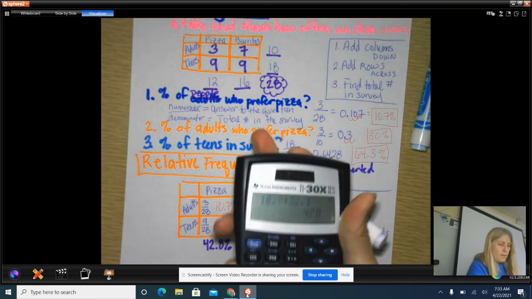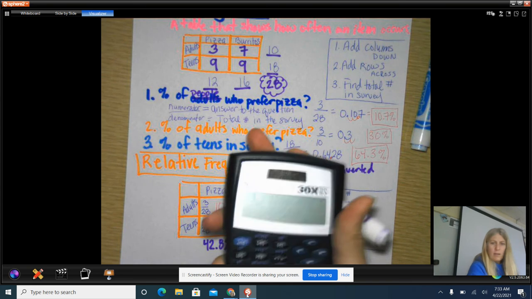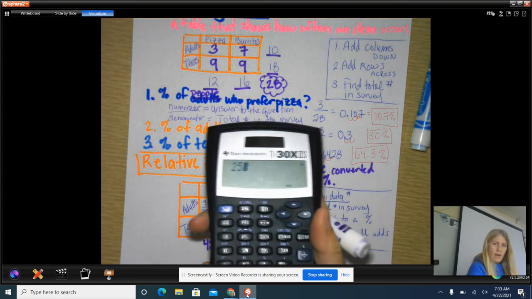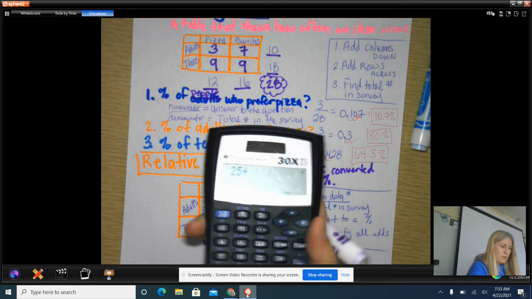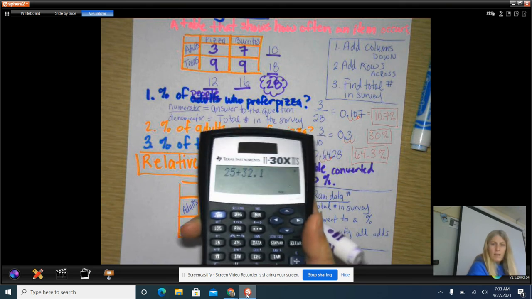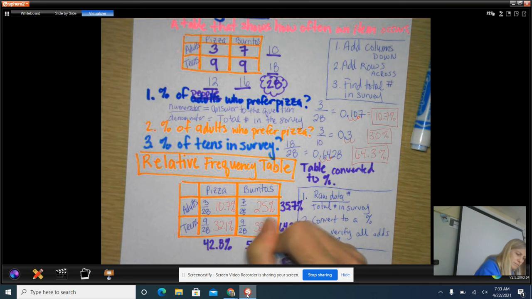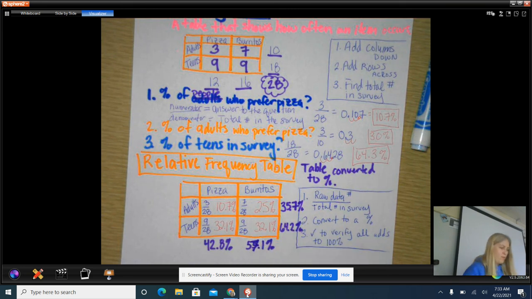And then our 25, let's get that correct. Trying to get a good angle for you guys on my calculator. 25 plus 32.1 tells me that 57.1% prefer burritos. Now we're going to do that magic number again.